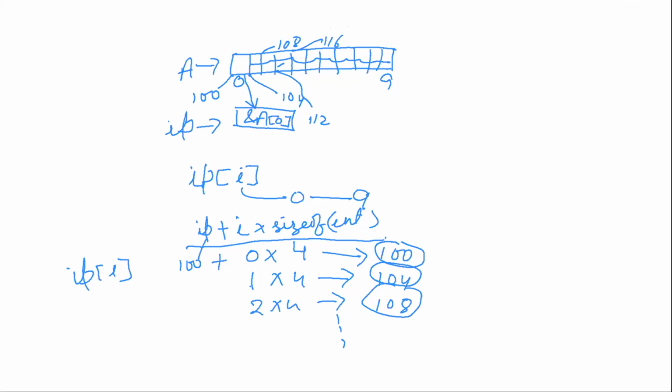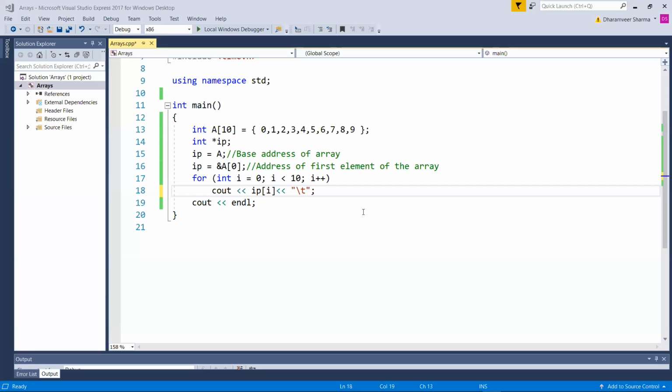So there are different methods of doing it. We call them indirections. There are at least 4 different methods of doing it. Let me show you once again.